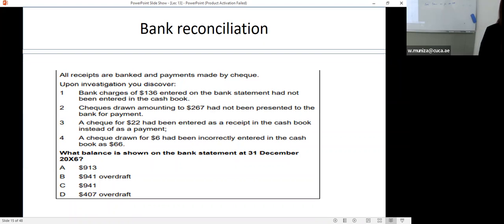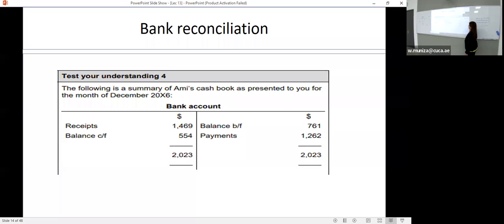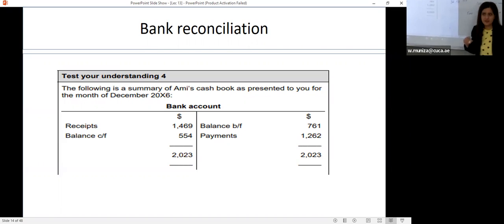Not getting it? Okay, let's start it together. Students, first balance as per bank account which they have calculated is 554 credit. So we have to start working with that. So we are going to write the balance, credit balance. Balance carried down or carried forward is 554. And in that we have to make the adjustments. Okay, clear up till here?